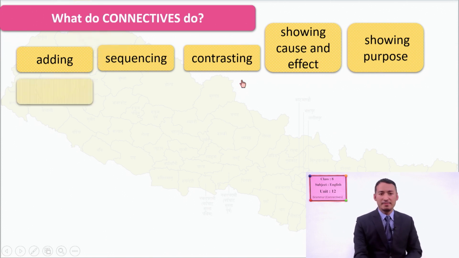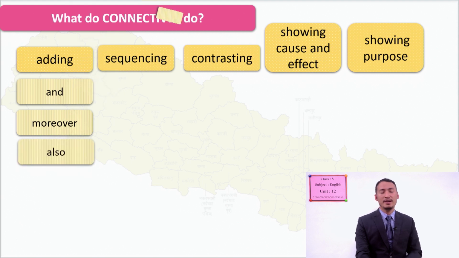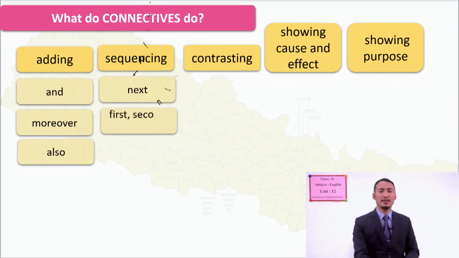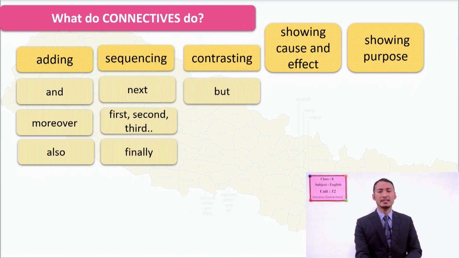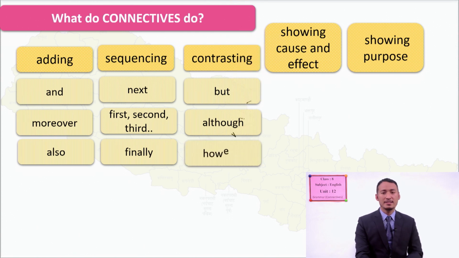Now let's see the examples. For adding, you can use and, moreover, also, next. For sequencing, first, second, third, and finally. And for contrasting, you can use but. Okay, Sita is short, but Ram is tall. Likewise, you can show the contrast with but, although, and however.